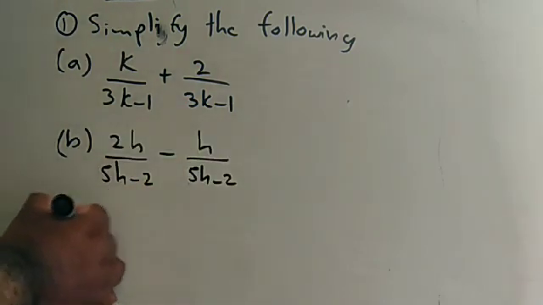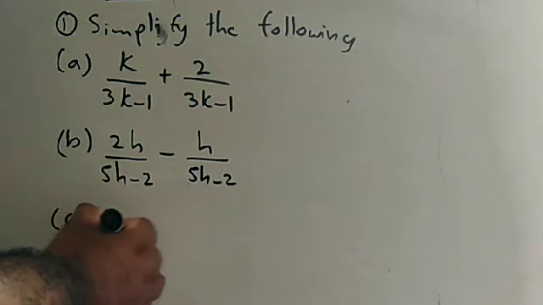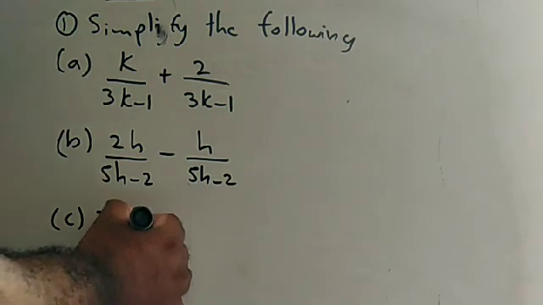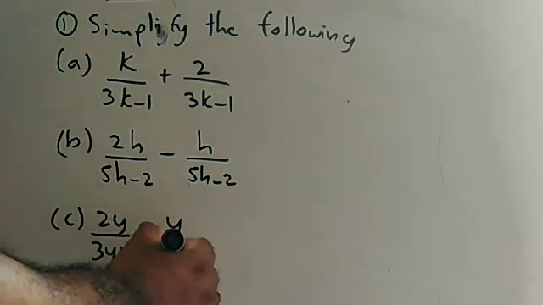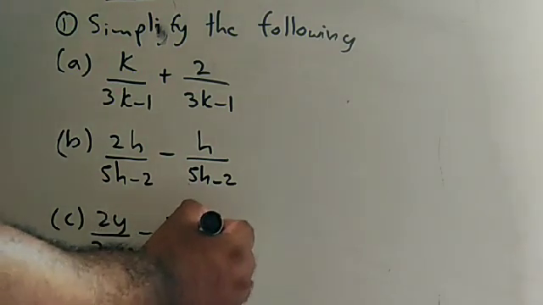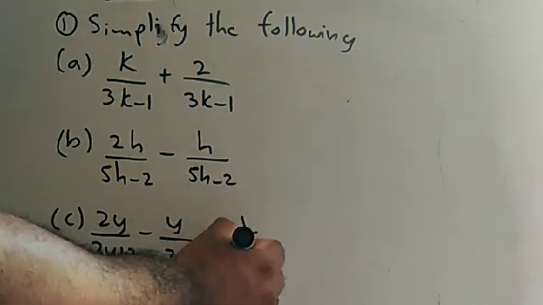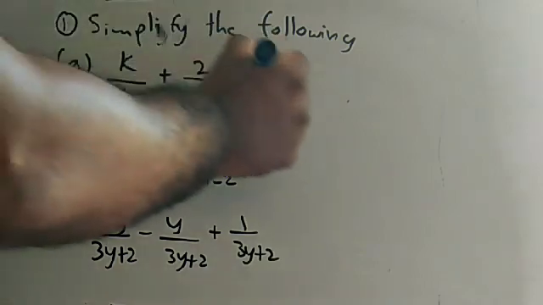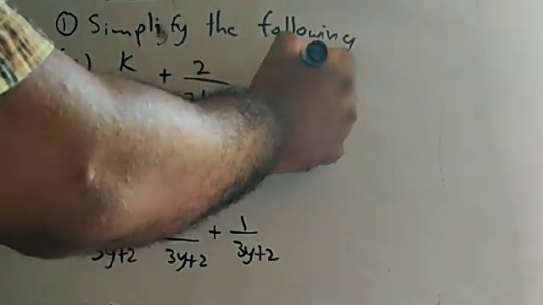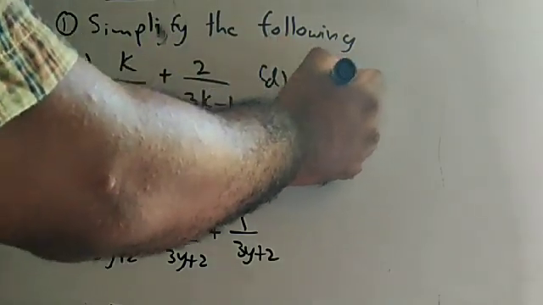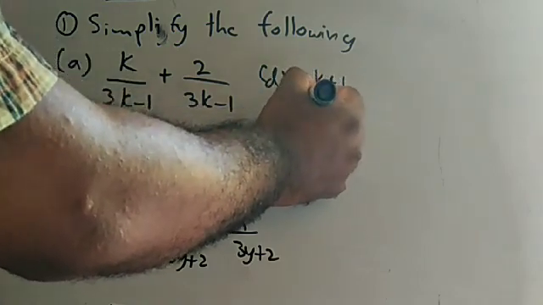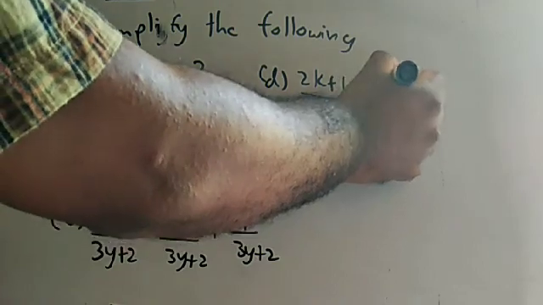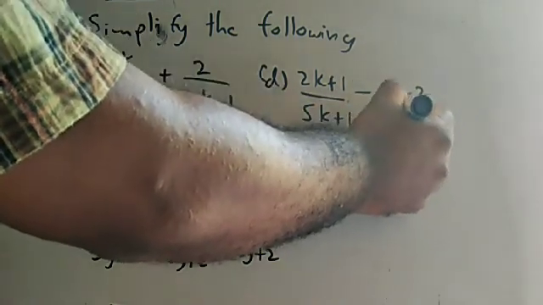C. 2y upon 3y plus 2 minus y upon 3y plus 2 plus 1 upon 3y plus 2. D. 2k plus 1 upon 5k plus 1 minus k minus 2 upon 5k plus 1.